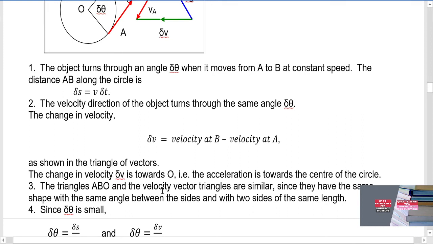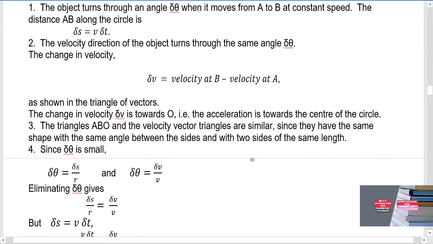The triangle ABO and the velocity vector triangles are similar since they have the same shape. So where we had ds is equal to v dt, we have dv is equal to velocity at B minus velocity at A. Now d theta is equal to ds over r. Remember, we get this from the length of the arc, that is the displacement.